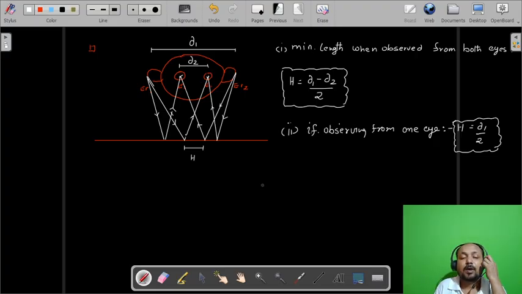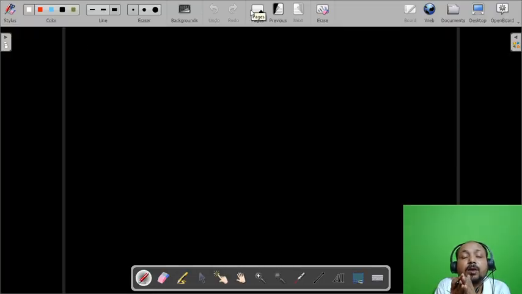Now after that we will move towards the deviation in plane mirror. Let us start studying the deviation in plane mirror.